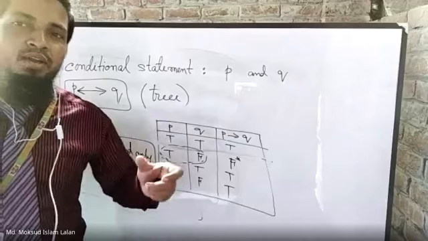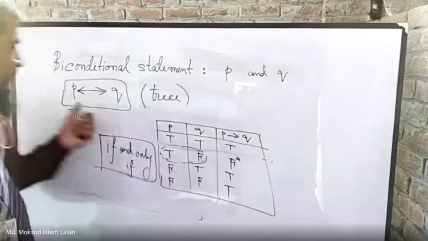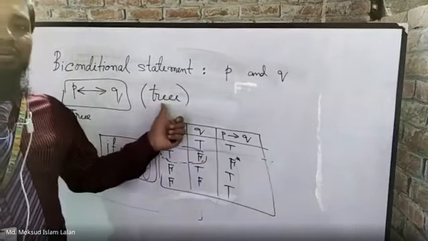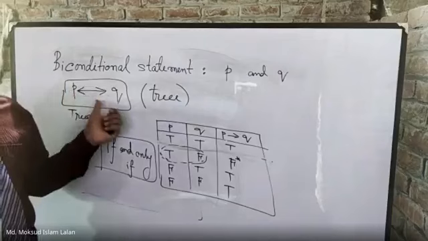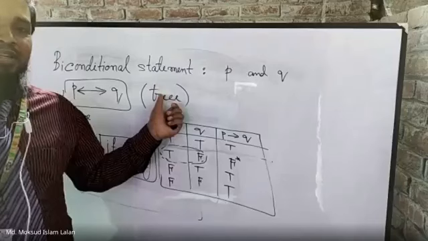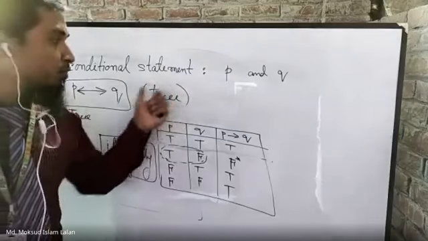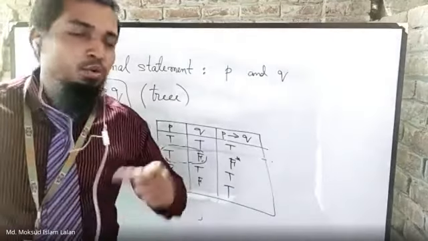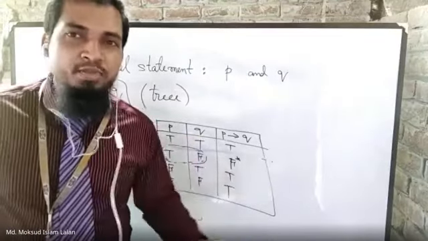Same truth value: P true, Q true, then the biconditional is true. If P false, Q false, then the biconditional is true. Do you understand? Here we focus on the same truth values; which one is true or false does not matter.